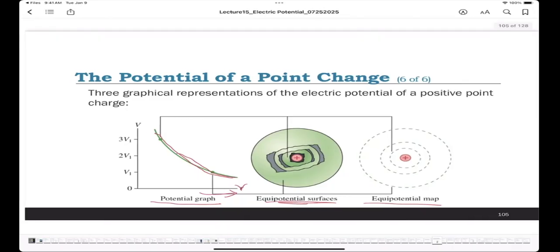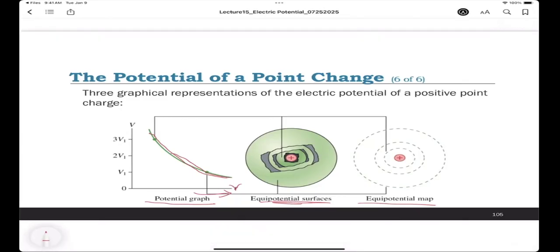When the distance increases, the electric potential decreases. This is the equipotential surfaces map. This is the positive charge, this is the potential energy, and this is the electric potential.